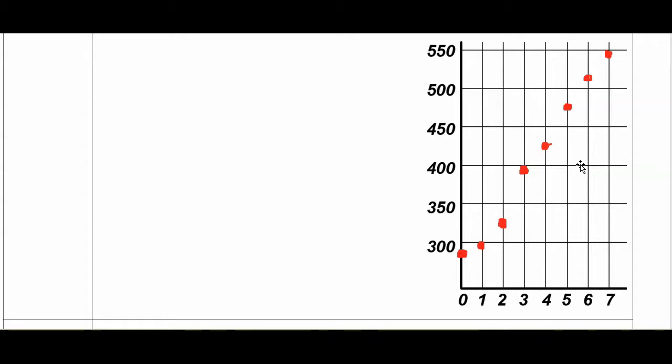So looking at that data, I would say that it has a pretty strong positive relationship.